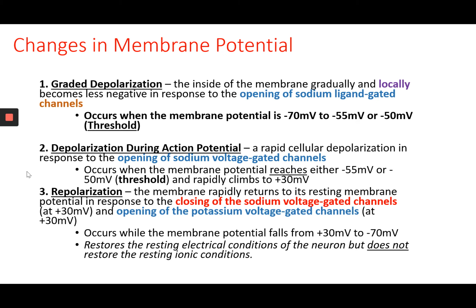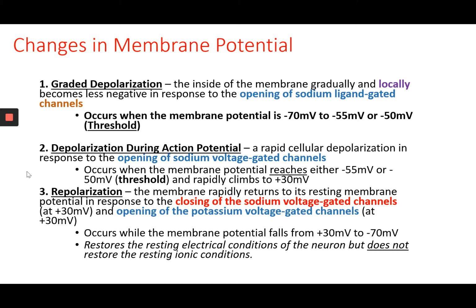This influx of positive cations will change the negative voltage inside the cell to something a little less negative. So we'll see a change in membrane potential from a negative 70 millivolt potential to negative 55 millivolt potential. If we can do this, we can reach threshold.